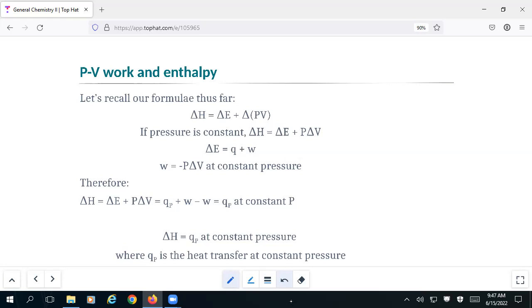But where it's important for us is if we apply this idea of PV work.